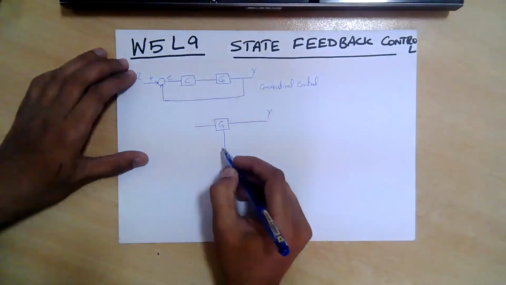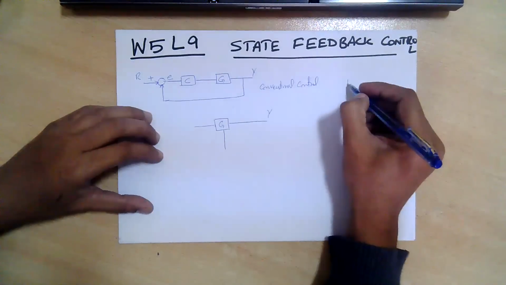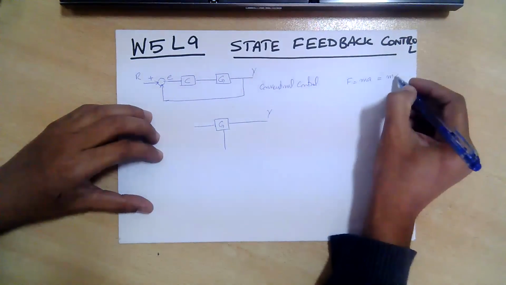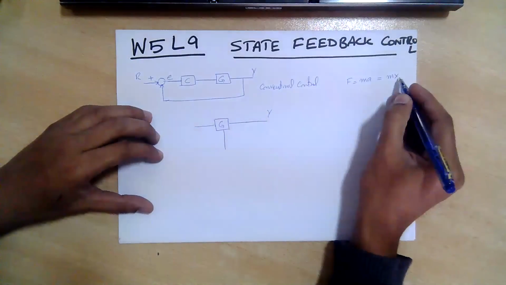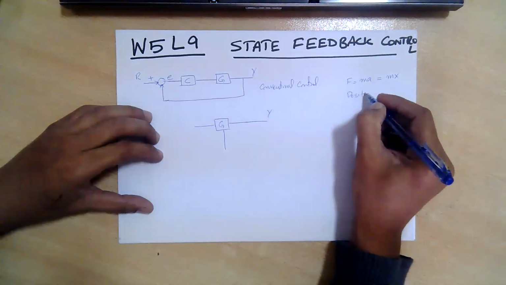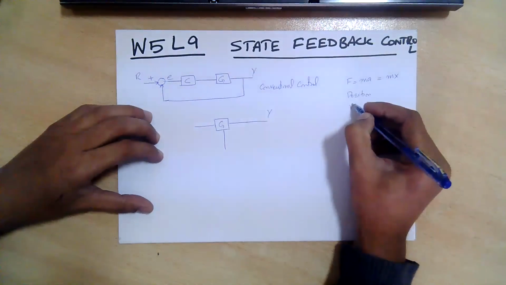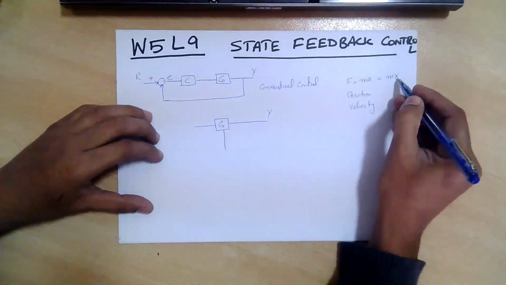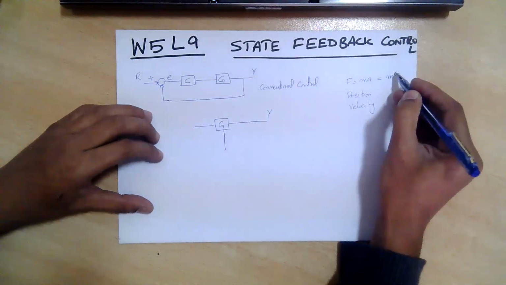So for a system like F is equal to MA, which is M x double dot, the states are position and velocity, because the derivative of velocity exists, which is acceleration over here.